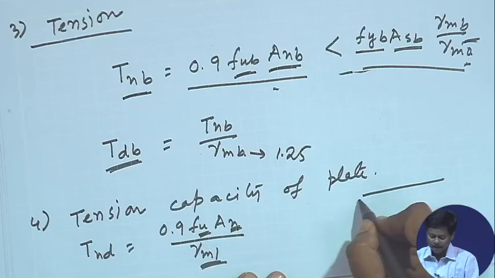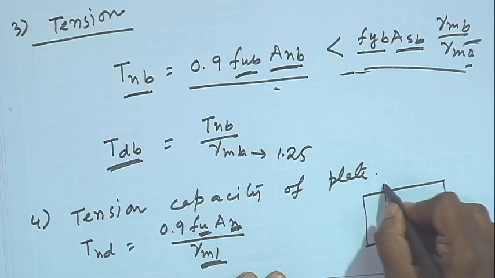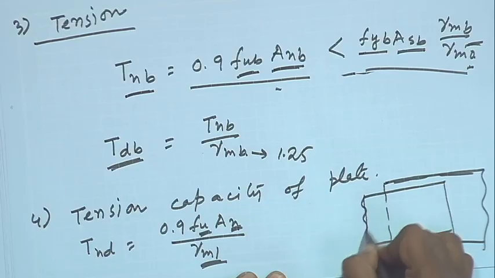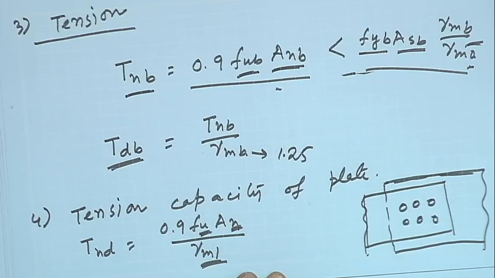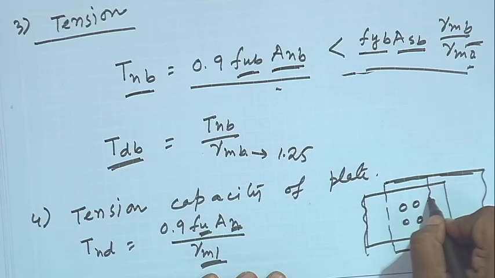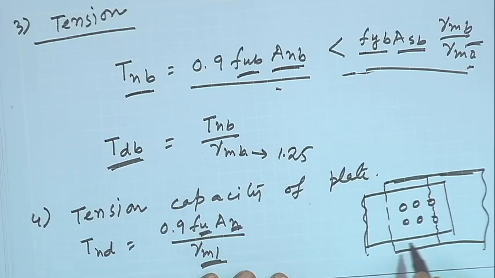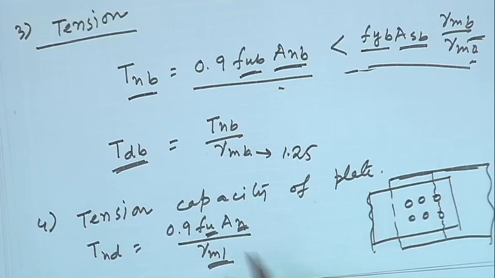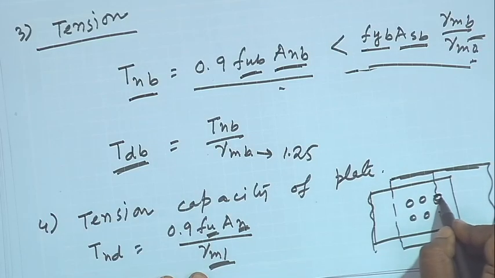Suppose two plates are joined like this, and we have bolts here. One possibility is that it may fail due to tensile force exerted on the plate, so when we calculate the tensile strength of the plate, we will calculate the net effective area.